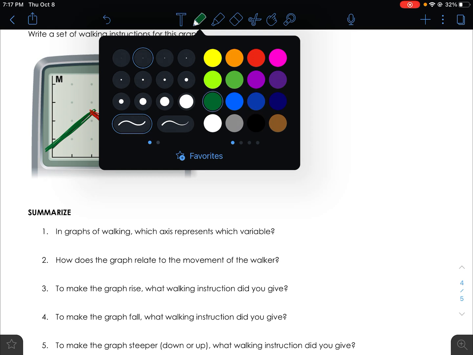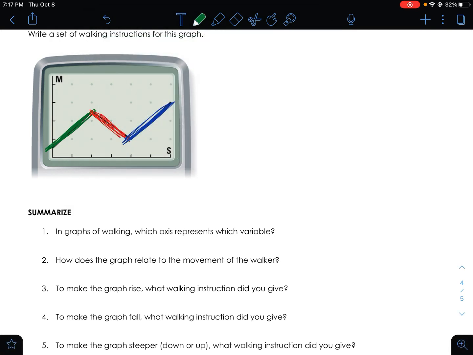So the first section we'll write in green since we highlighted in green. We see that we are starting at 0.5 meters. And we are walking away from, since that part of the graph is uphill. So walking away at a speed. So if we start at 0.5, again, 0 seconds, we're at half a meter already.